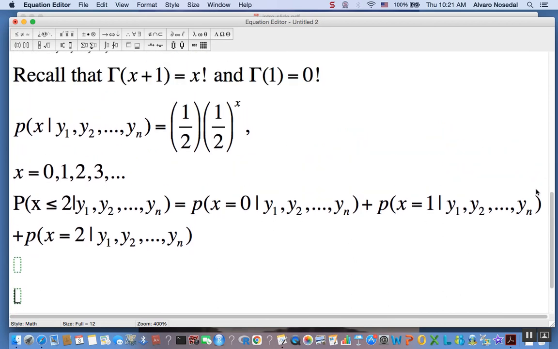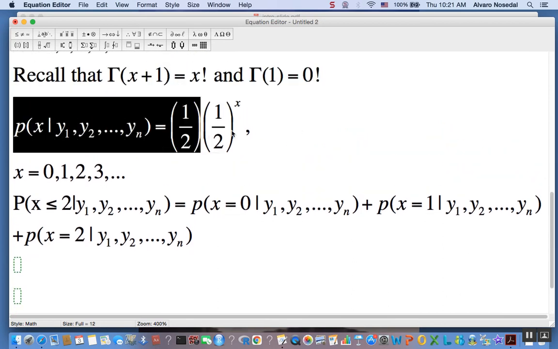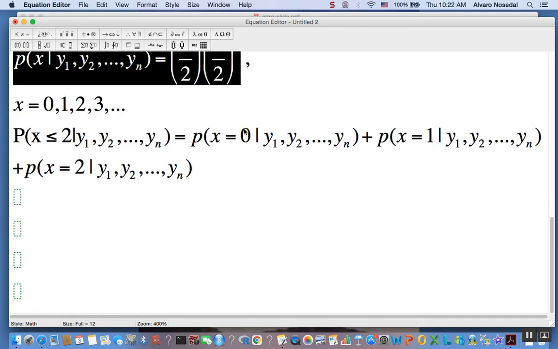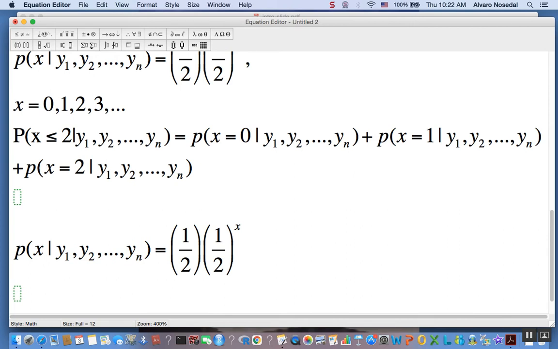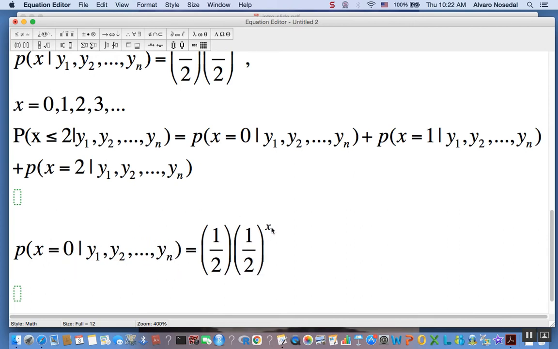So let's find those three terms. It's going to be easy, right? That evaluated at 0 is going to be just this, which is just 1/2, right?